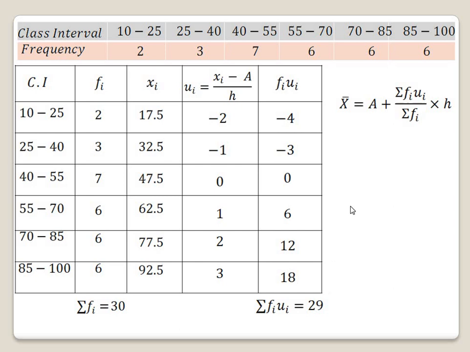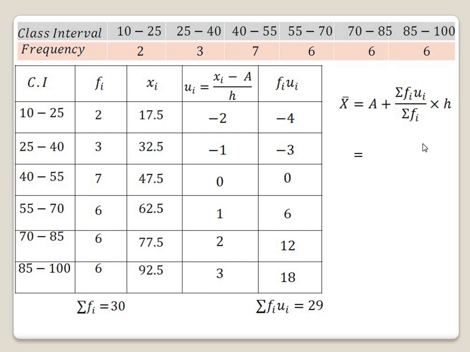Then we have to put all these values in the formula. Here x bar equals a, 47.5, plus the sum of fi ui, 29, divided by the sum of fi, 30, multiplied by h. We have already found the class width, 25 minus 10, that is 15.